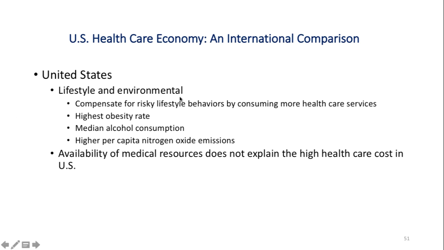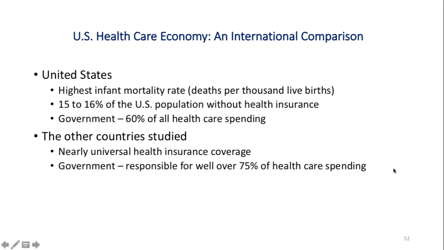As for lifestyle and environment, in the United States we have the highest rate of obesity. The median alcohol consumption is higher than in the other developed countries, and pollution, in terms of per capita nitrogen oxide emissions, is higher too. The availability of medical resources does not explain the high healthcare costs in the United States.